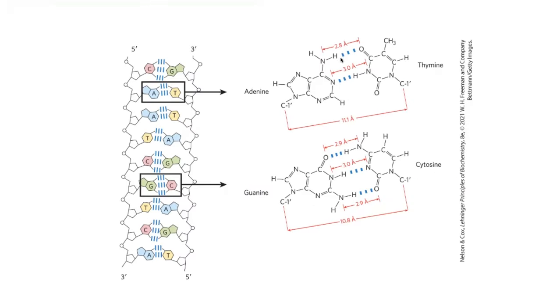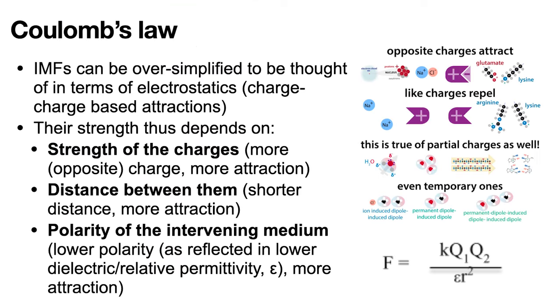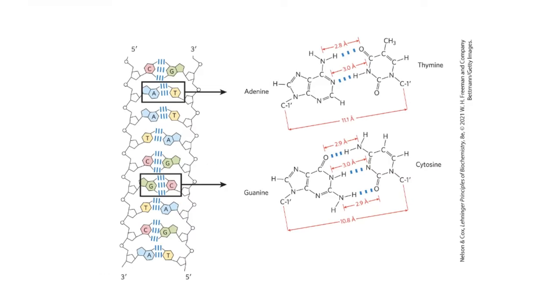That's going to make them strong, as well as the fact that they're in this hydrophobic environment. Thinking back to when we talked about Coulomb's law and how a salt bridge in a lipid environment would be stronger because there's less polarity kind of interfering with that. Well, here we have these hydrogen bonds in this nonpolar environment, this hydrophobic environment. This is going to strengthen them as well.